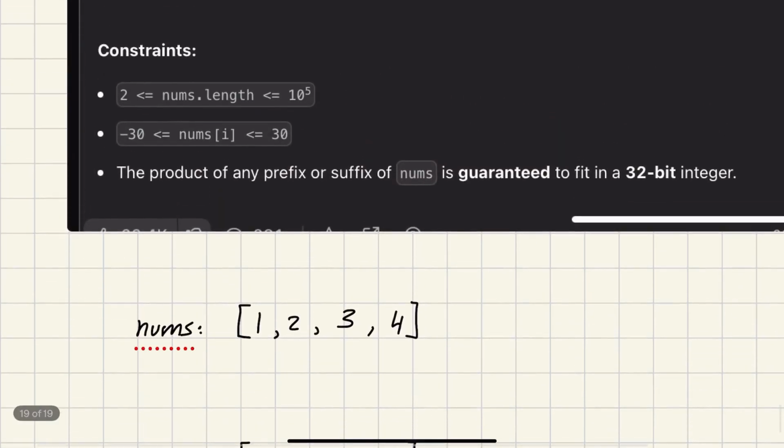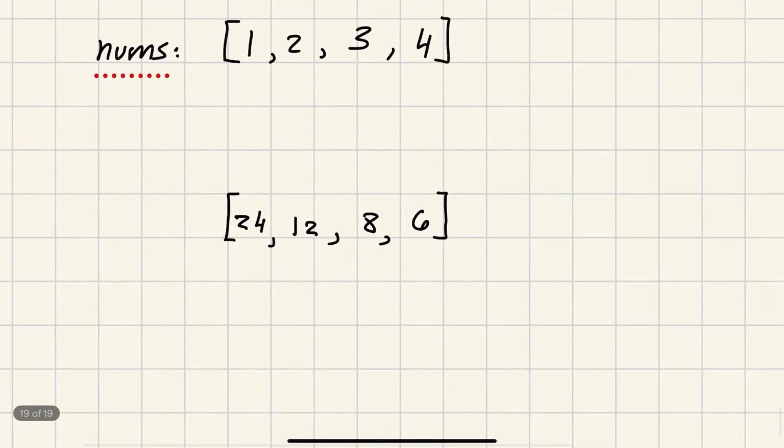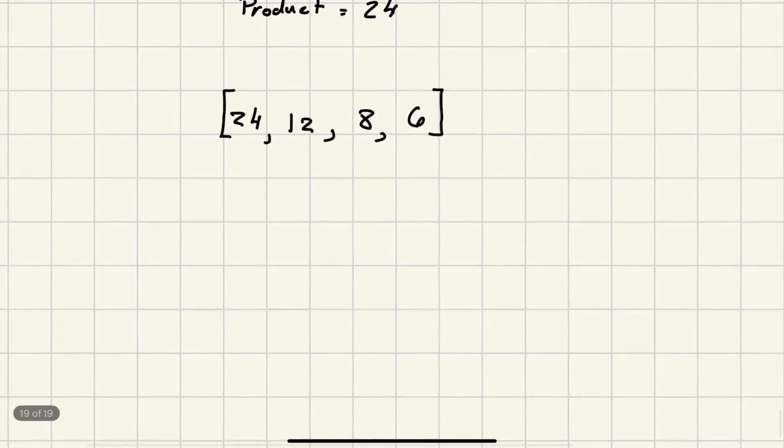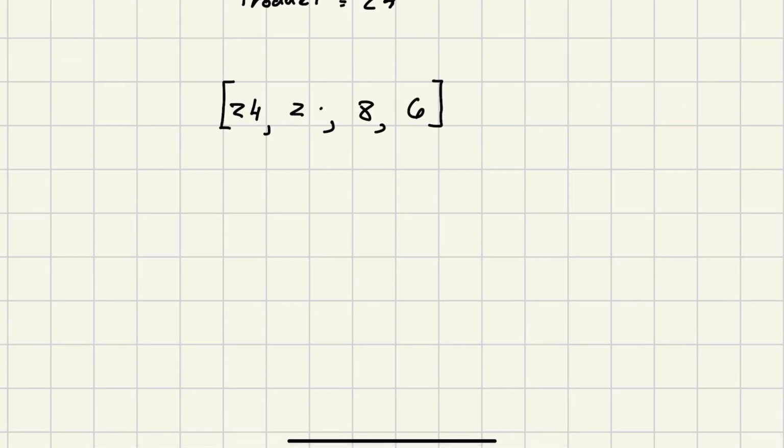Now, a very simple approach would be to get the product of all of these items combined. We calculate it first, we get 24. And then from there, we would initialize our array as 24 and go item by item.